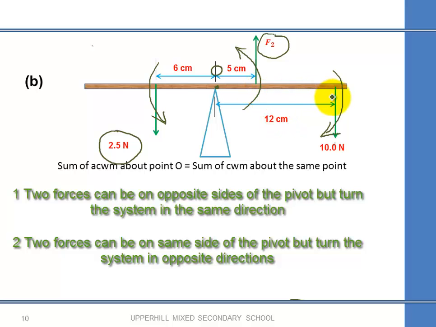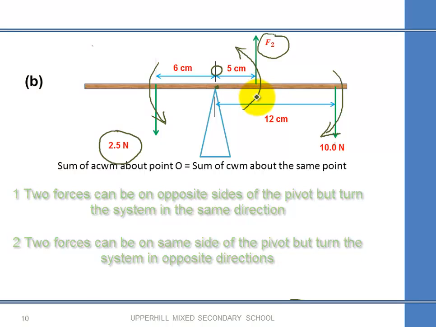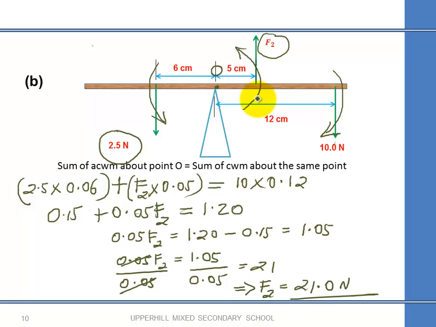The previous point was two forces on opposite sides of the pivot, but they turn the system in the same direction. Now we are saying we have two forces on the same side of the pivot, but they turn the system in different directions. These two points are so important, so you should note them down carefully.